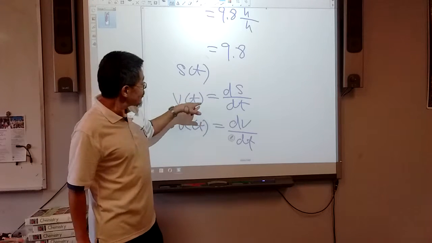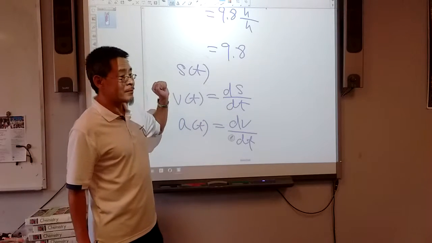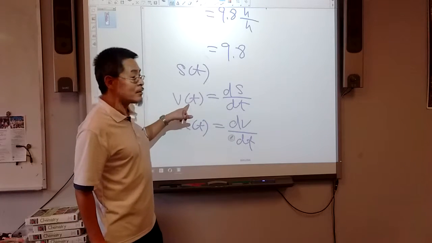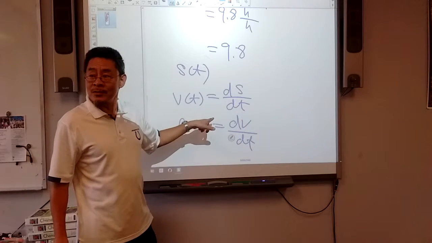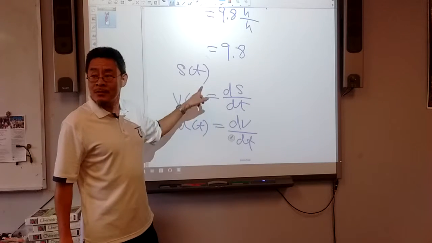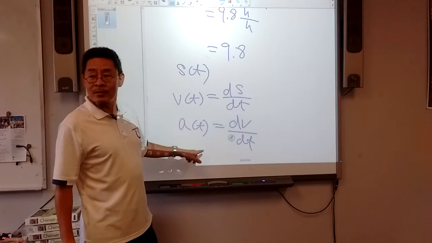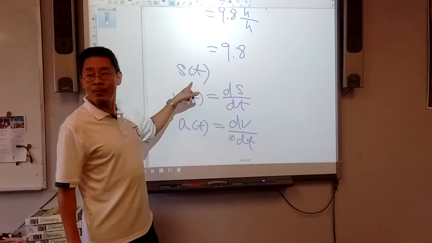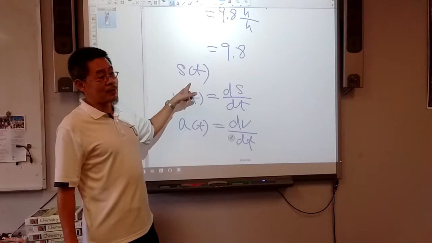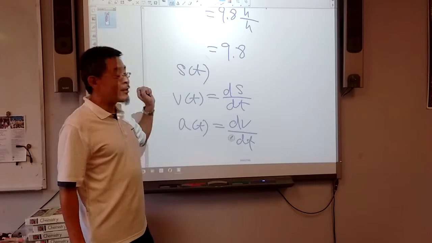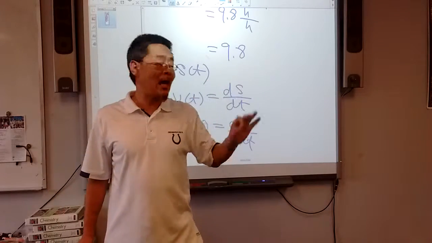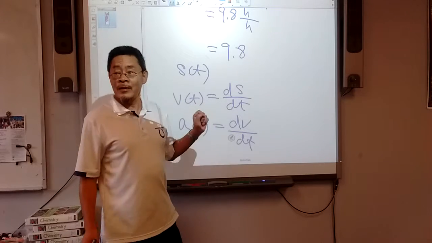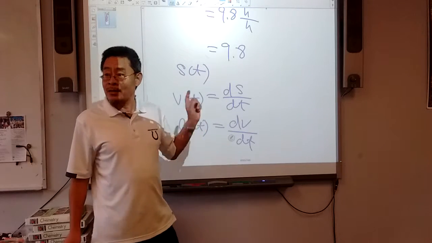So this function is actually derived from this function, and acceleration is derived from the velocity function. So that is called derivative. It's derived. We cannot get this directly. You have to go from whatever function we can measure. We good?